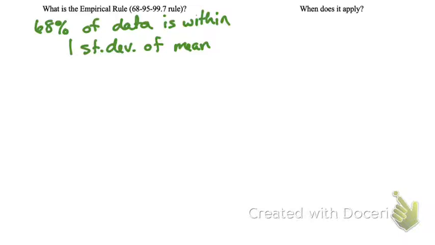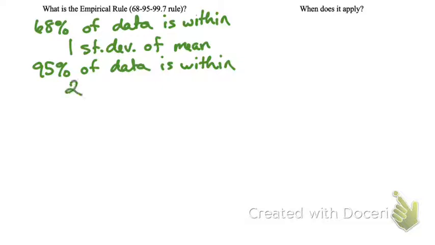1 standard deviation. Okay. So 2 standard deviations. What percent of the data is there? 95% of data is within 2 standard deviations. By the way, this is called the empirical rule.